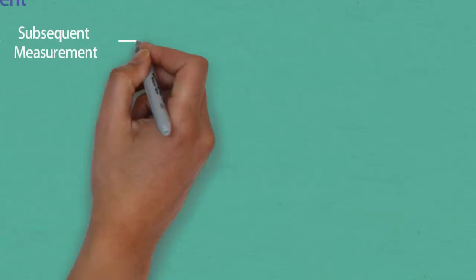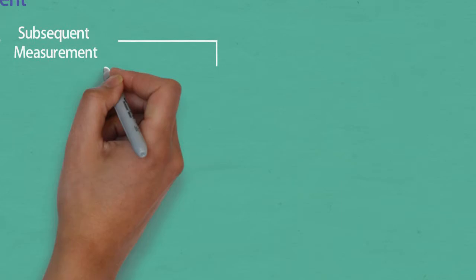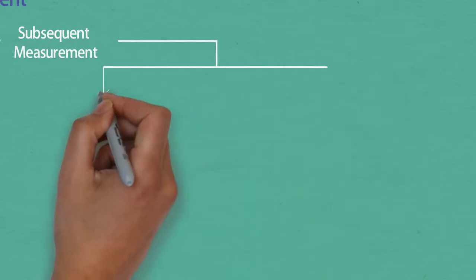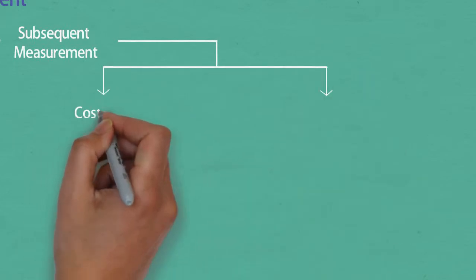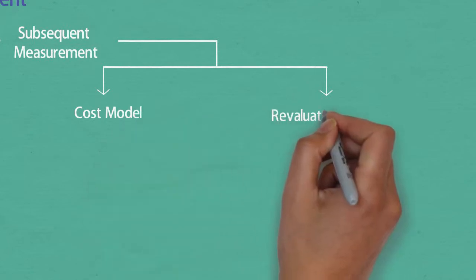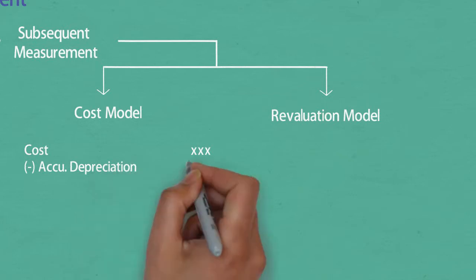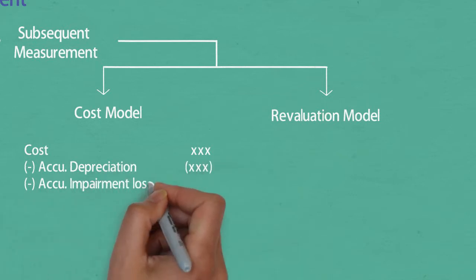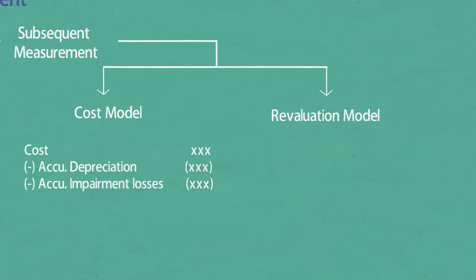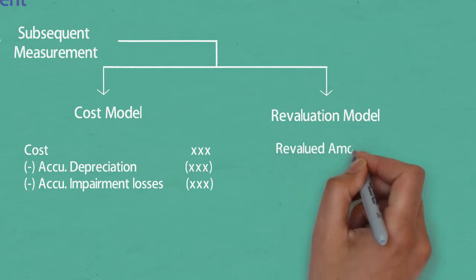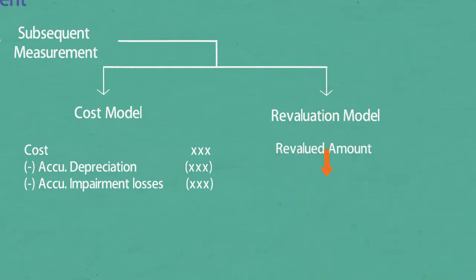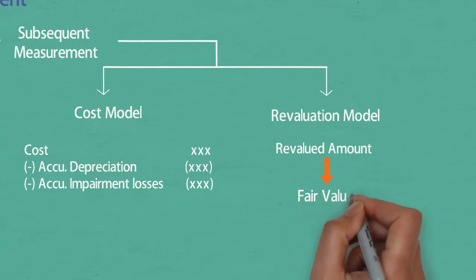In respect of measurement after recognition, that is subsequent measurement, an entity may choose either the cost model or the revaluation model. Under cost model, PPE is carried at cost less accumulated depreciation less accumulated impairment losses if any, and under revaluation model, PPE is carried at revalued amount. Revalued amount is the fair value on date of revaluation.